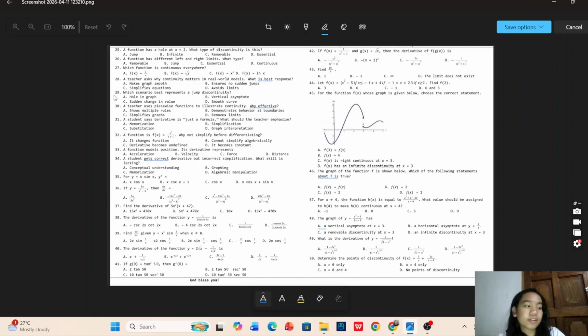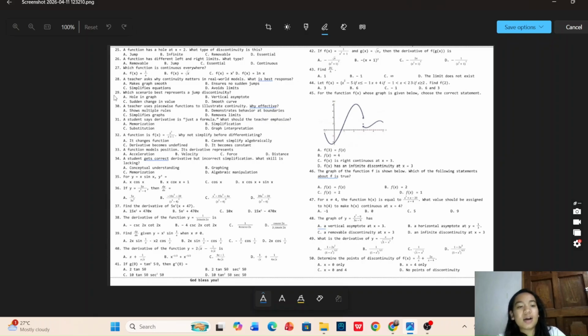Letter A, hole in graph; B, vertical asymptote; C, sudden change in value; or D, smooth curve. So the best answer for number 29 is letter C, or the sudden change in value. And that makes a jump discontinuity, from the term jump. The reason why it jumps is because there is a sudden change in value.